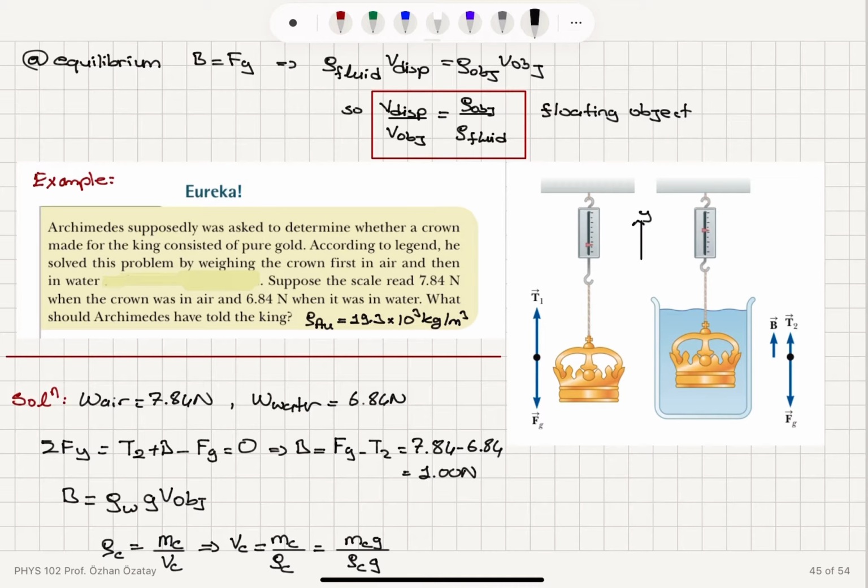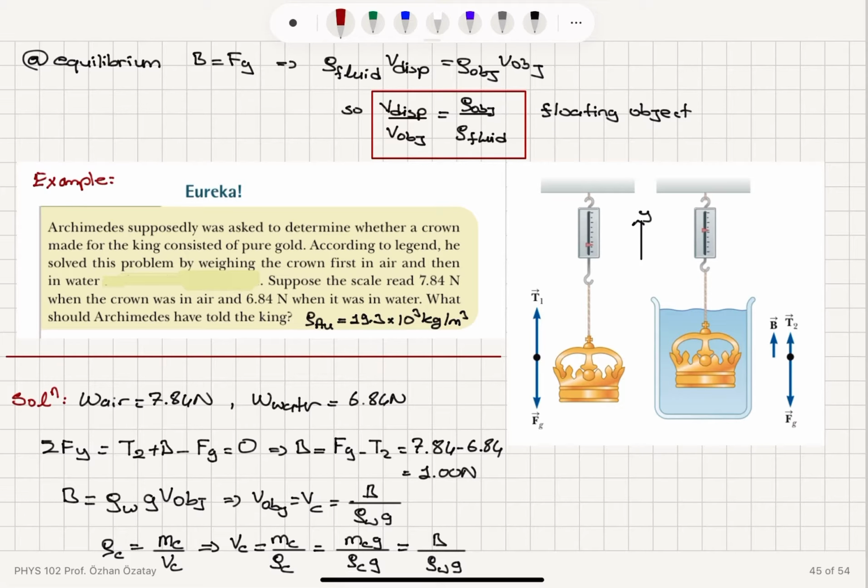And this is going to be equal to the volume of the crown. Now you can see that the volume of the crown is the buoyant force divided by the density of water times g. So this must be equal to the buoyant force divided by density of water times g.